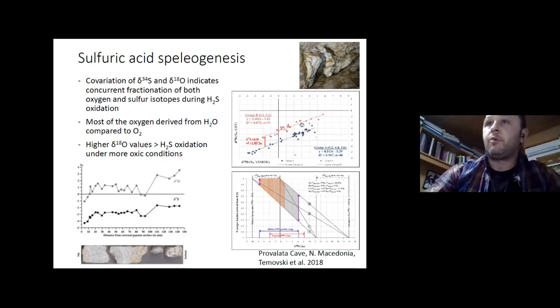It means a more oxic environment. So in a way, the oxygen isotope composition reflects the environment under which the oxidation of hydrogen sulfide happened. And the fact that they are highly correlated indicates that this process was affecting both the sulfur and the oxygen isotopes during the oxidation of H2S, or hydrogen sulfide.